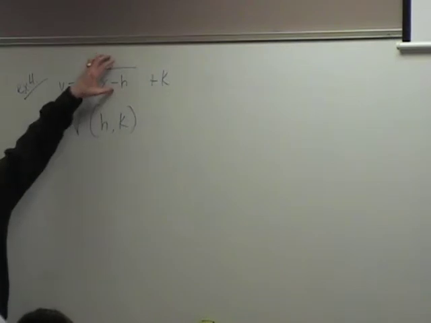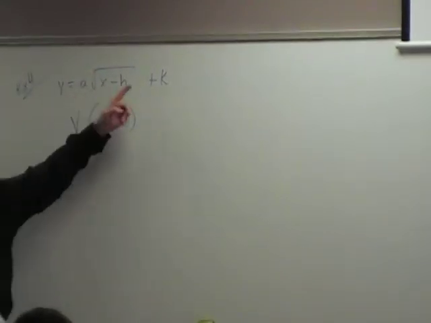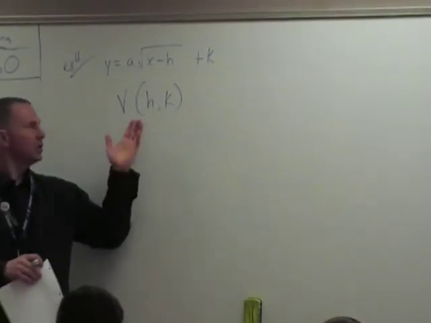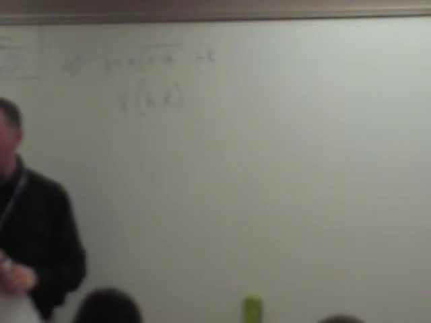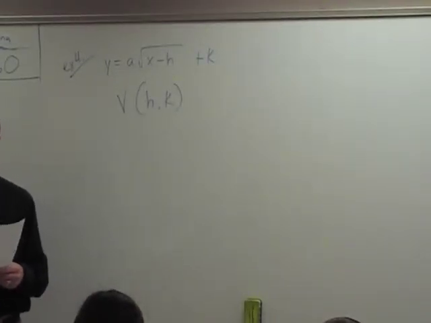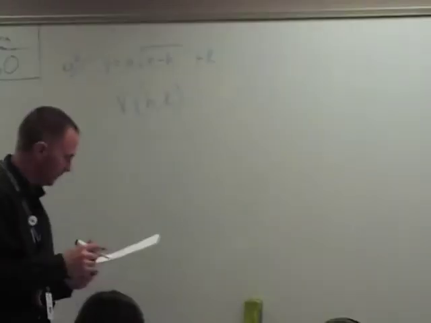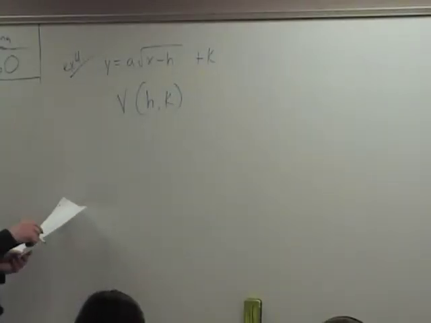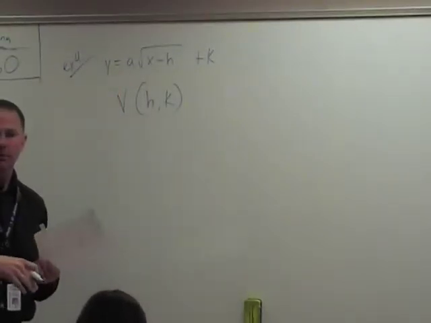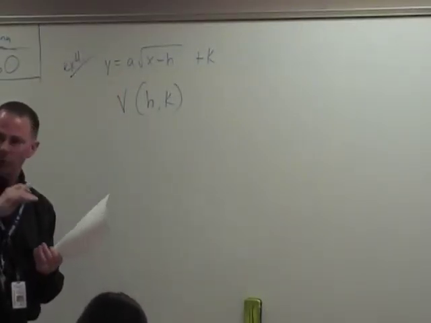What makes this go away? y equals that value. That's kind of what Cameron was saying. So h, k is going to be where you're starting on all of these equations. All right, and a gives you the depth, whether it's going to grow quickly or slowly.